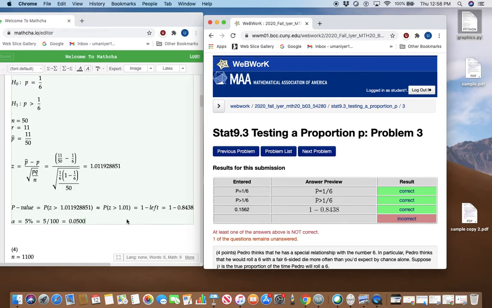So is p value less than this level of significance? Well, look at that. That's 0.1562 and this is 0.0500. Yes, it is less.